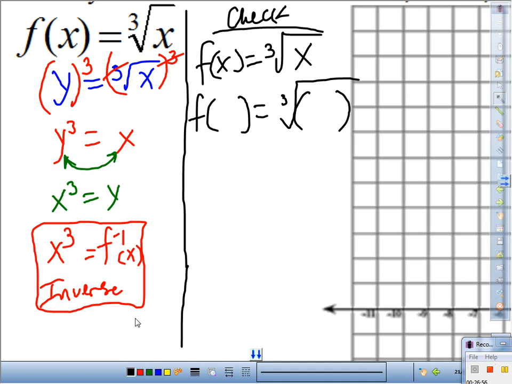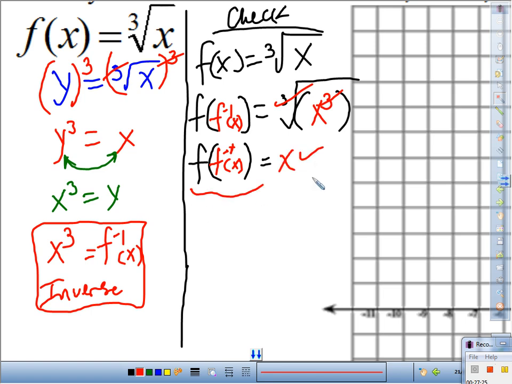What goes inside the parentheses? F inverse of x. And what was the rule? x cubed. That goes right there. f of f inverse of x equals, this cancels this, and we're left with x.